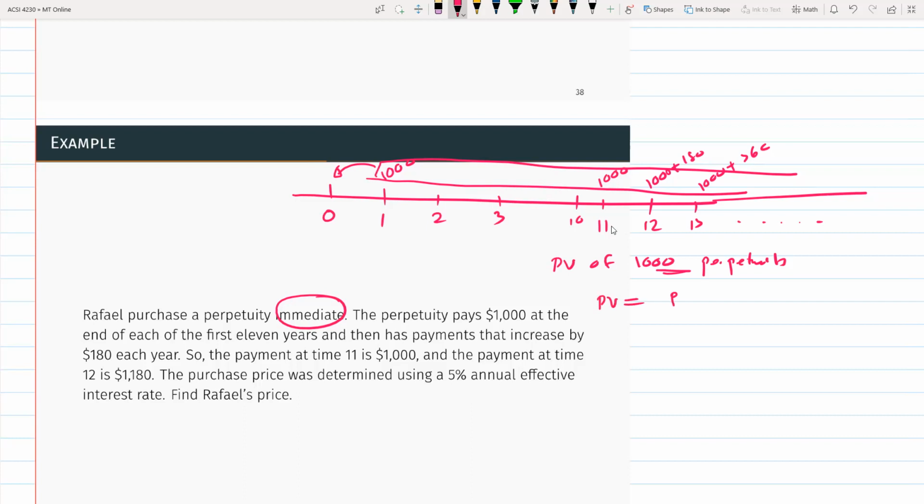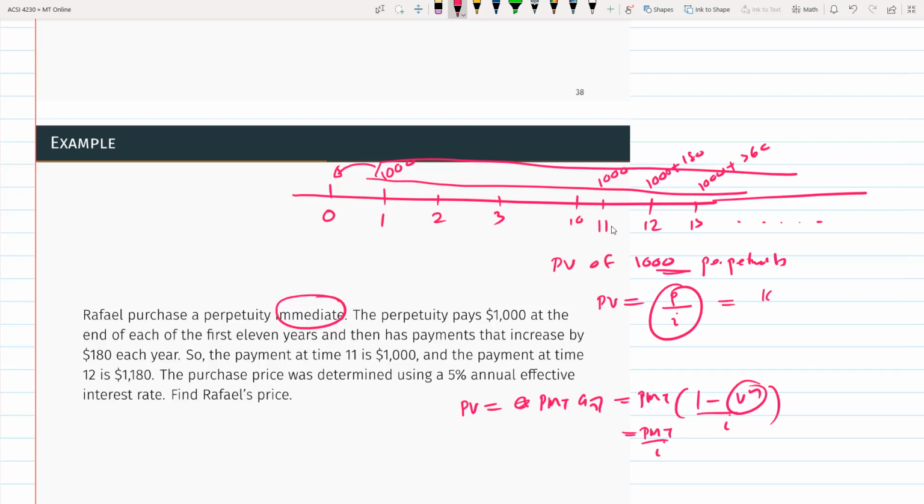What is that? P over i. The usual formula for the annuity immediate: present value is payment times a_n, which is payment times (1 minus v^n) over i. And when n goes to infinity, you end up with just payment over i. So that's why it's P over i.